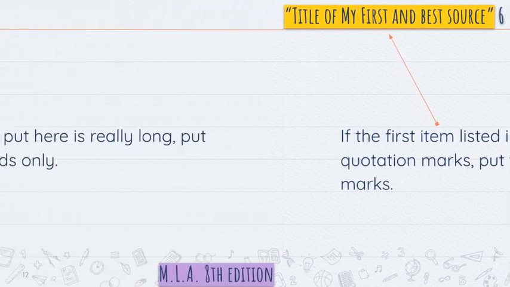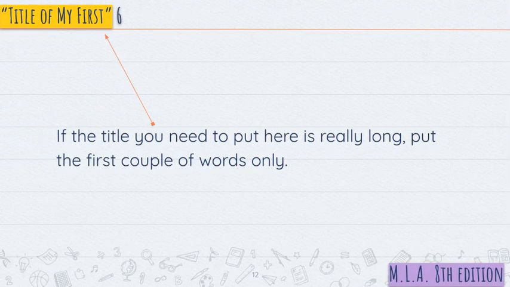Now, if you have a really long title, then you only need to put the first couple of words. That's okay, you can shorten it, but make sure it's the first couple of words. You can't just pick out the words you want to use. You can't just pick out the last couple of words. It's got to be the first couple of words from the title.